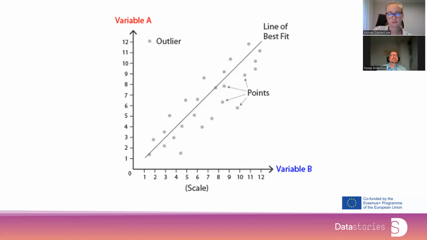Okay, so let's move on. So basically what it's about, these scatter plots: you have two variables and you depict your values, let's say what happens when you cross variable A and variable B for an object. And then, of course, these points represent different observations or objects.